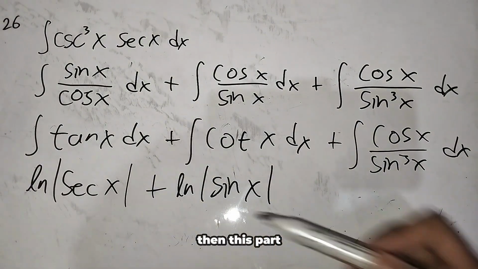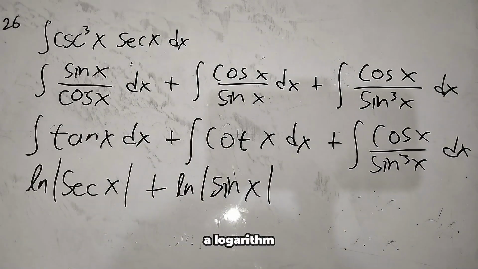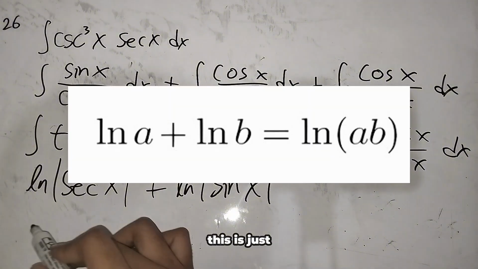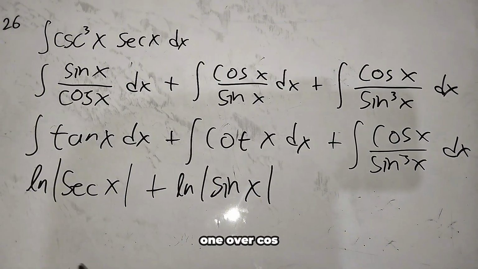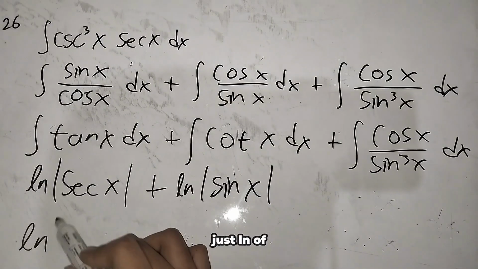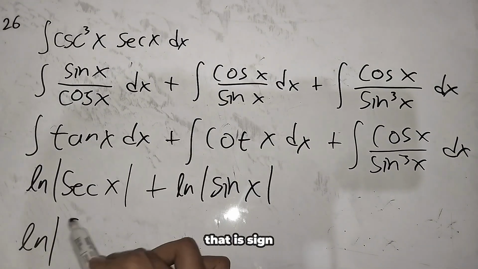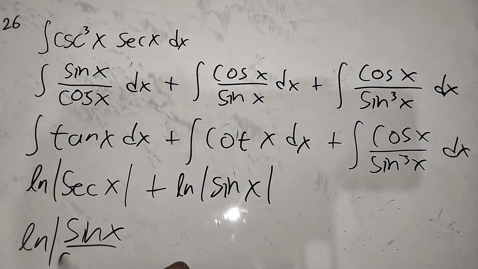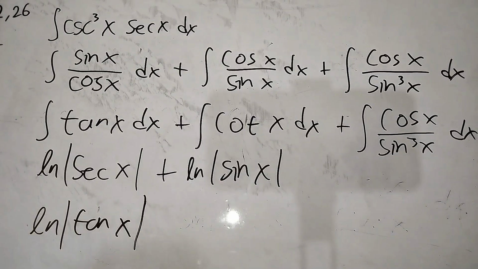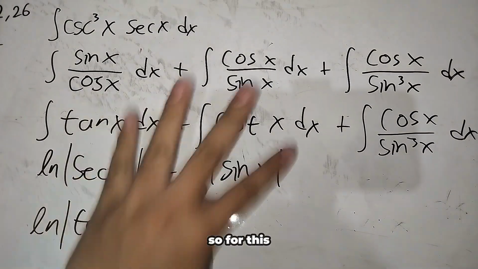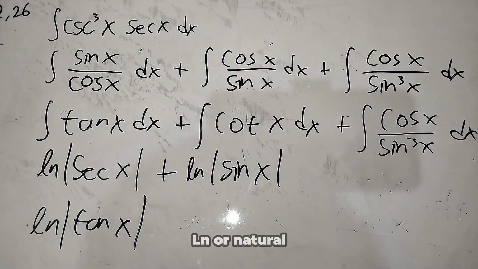Because this is a logarithm, we can just multiply them. I'm also going to write secant as 1 over cos. So this is just ln of 1 over cos times sine, which is sine over cos. And what is sine over cos? This is tangent. So for this part, we got the natural log of tangent x.